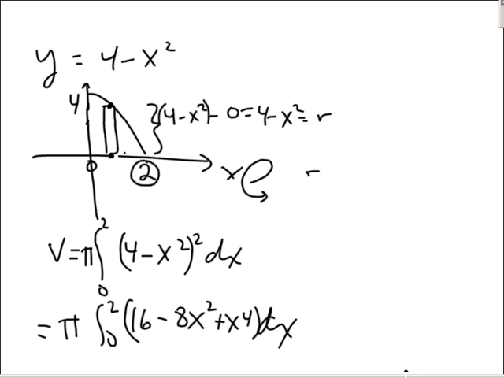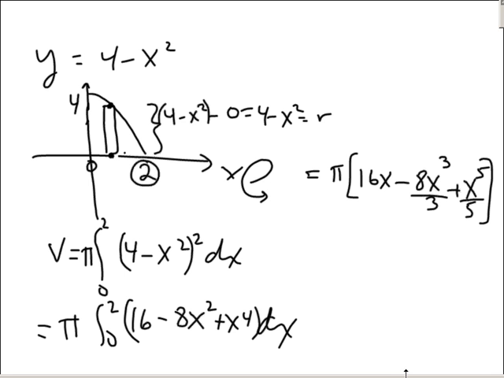And when you integrate that, you get pi times the integral of 16 is 16x minus 8x cubed over 3 plus x to the 5th over 5. Make the new power 1 more, divide by that number. And we're going from 0 to 2.